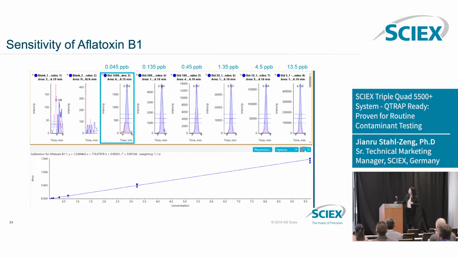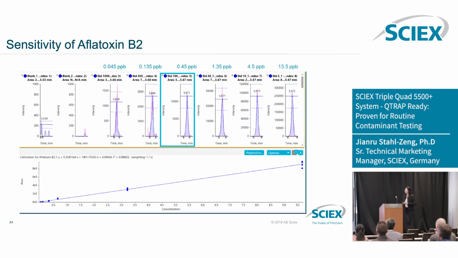That means everything measured should be in that range. Okay, the same thing for Aflatoxin B2. The reason I pick B1, B2 as an example is because B1, B2 are regulated also for baby food, as you know. And you really need sensitivity to run B1 and B2 in baby food.